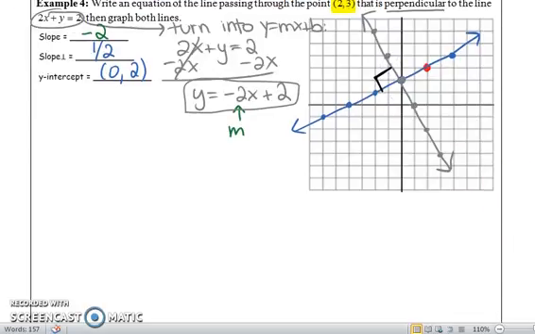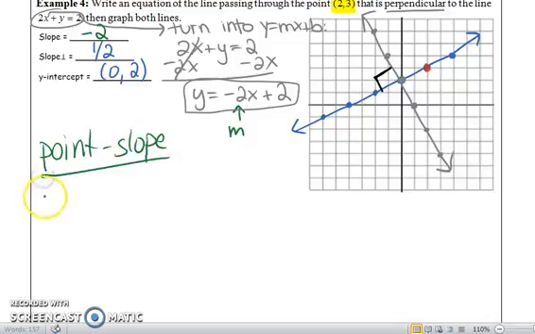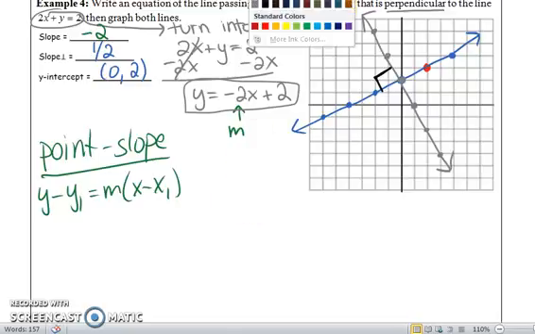So, back to the question of how we would write the equation of this line that was perpendicular to our given line. You have two options. You can either choose the point-slope form. The point-slope form, remember, is y minus y1 equals m times x minus x1. Or you can do the slope-intercept form.